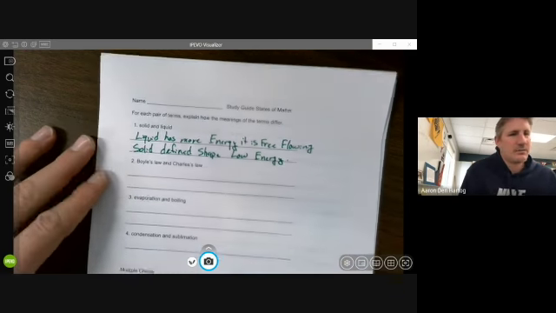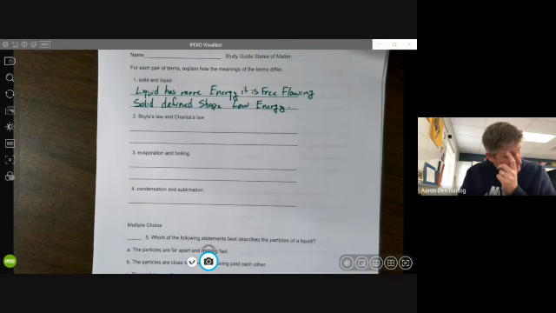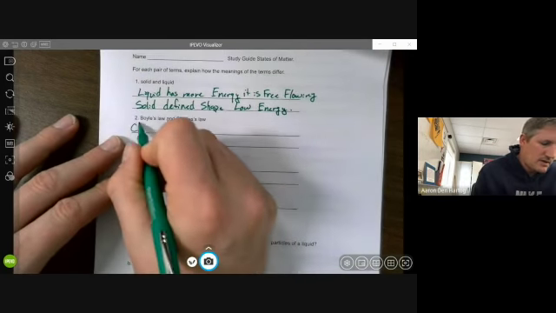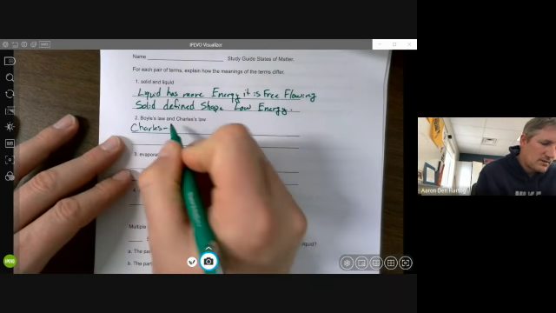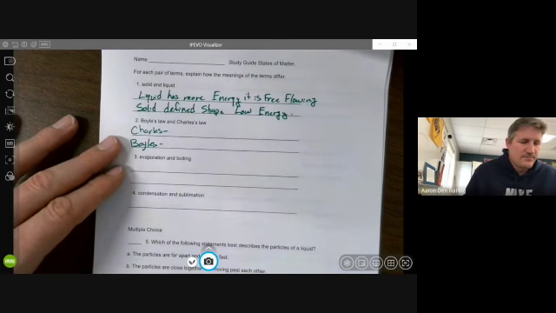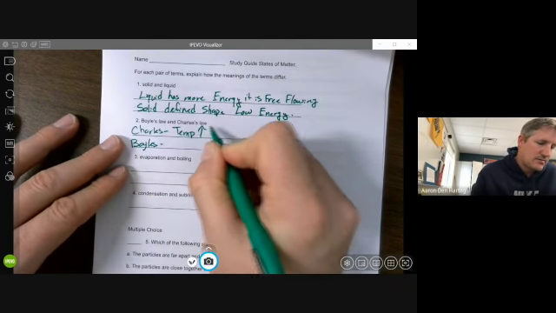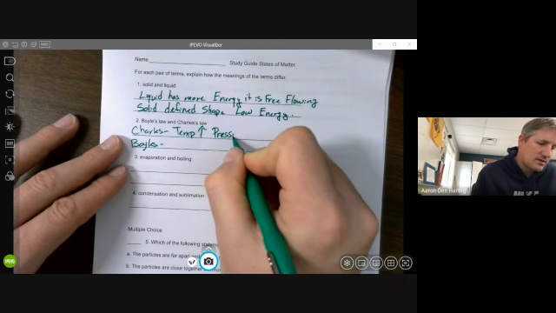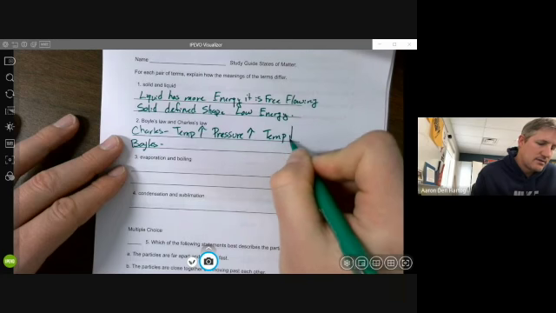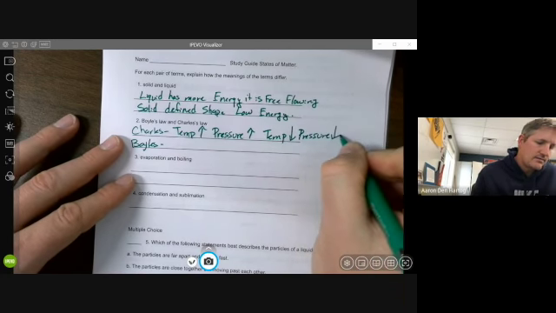And then the second one is Charles' law and Boyle's law. Charles' law is that as temperature goes up, pressure goes up. When temperature goes down, pressure goes down.